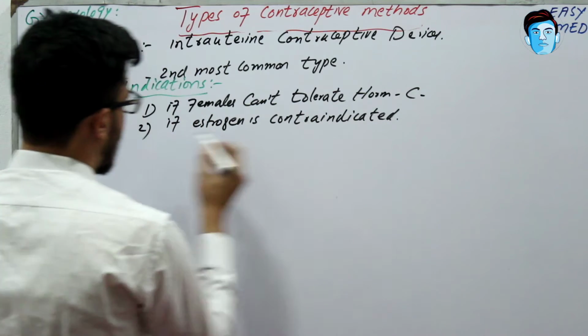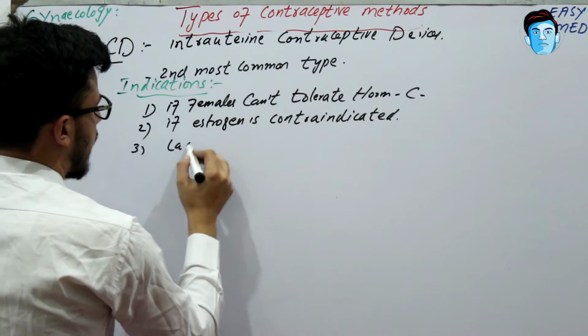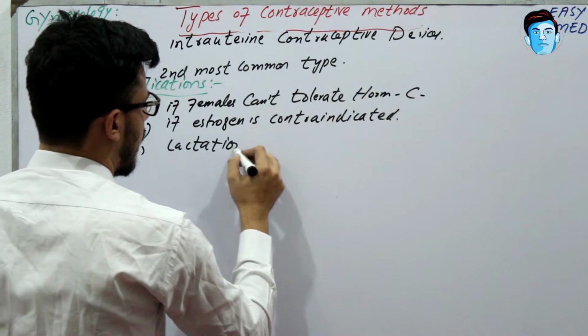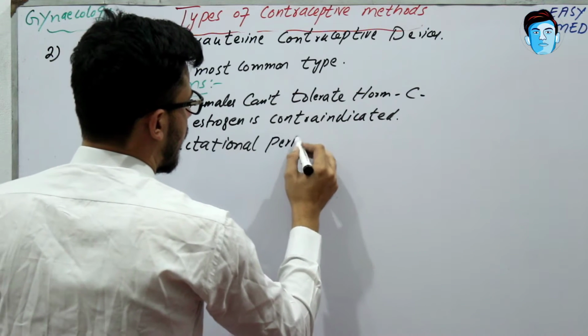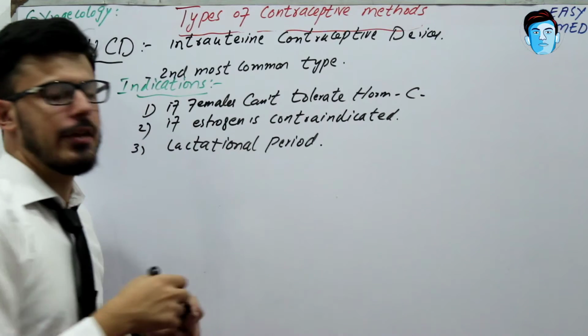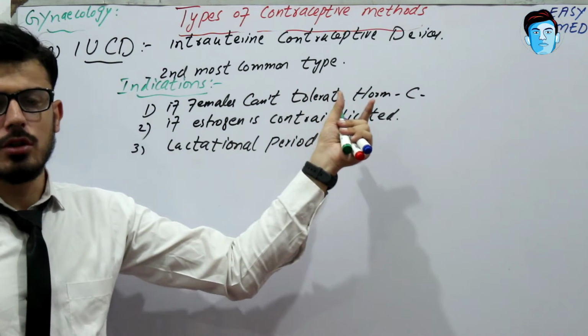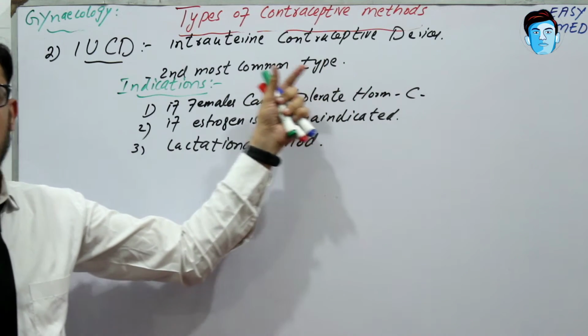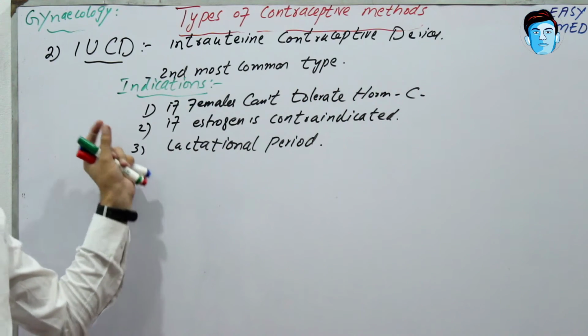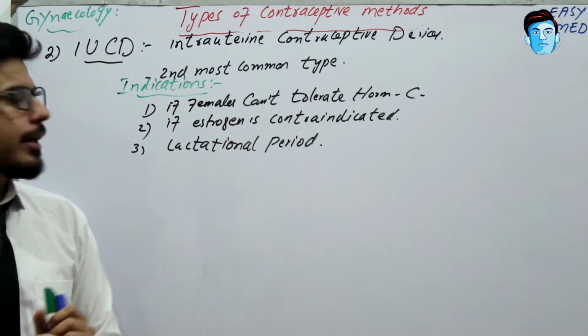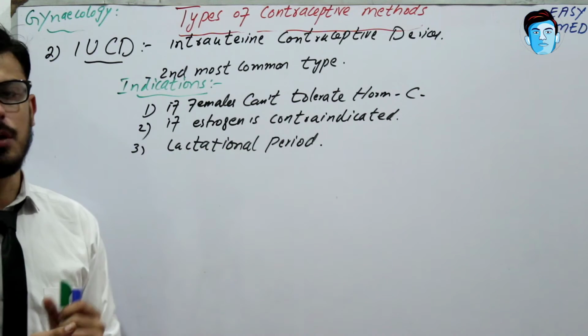And the third is during lactational period, like during breastfeeding in the women. So the indications are, if female can't tolerate hormonal contraceptive, then you will go toward the IUCD, and if estrogen is contraindicated, and if there is lactational period.